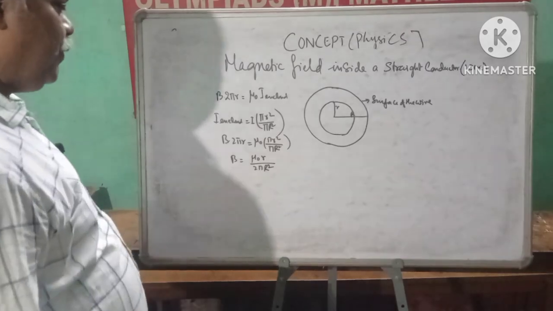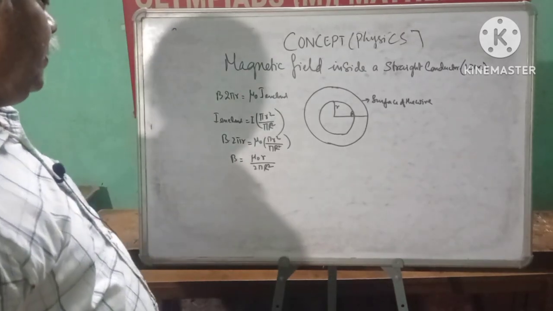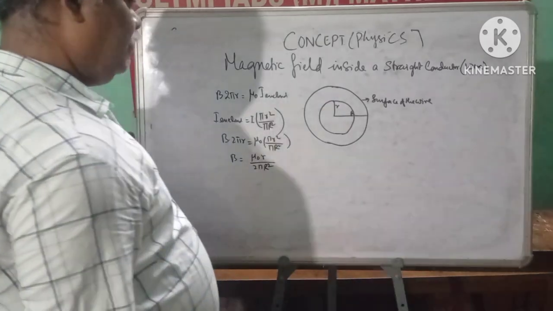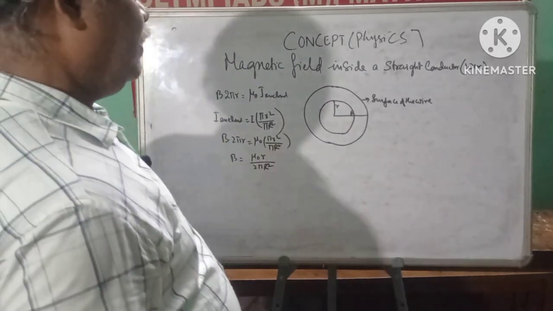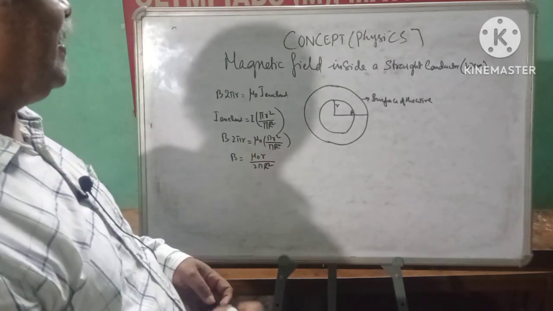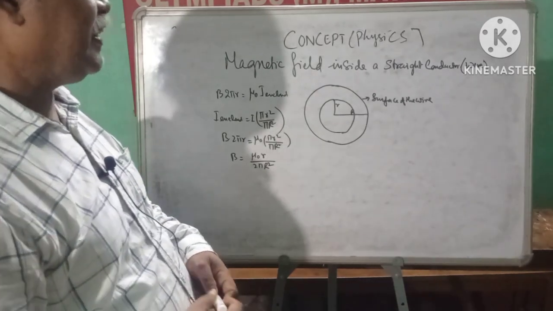So this will be your magnetic field at the distance r from the center of the conductor. So this is the magnetic field inside a straight conductor, that means a wire.